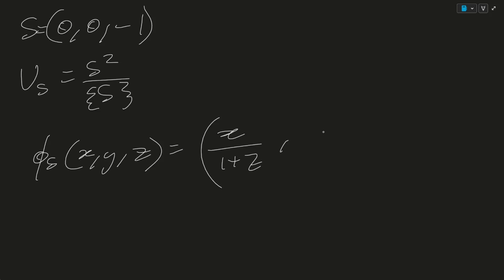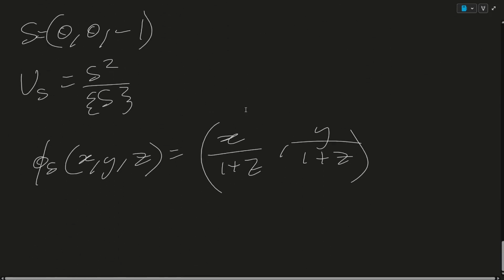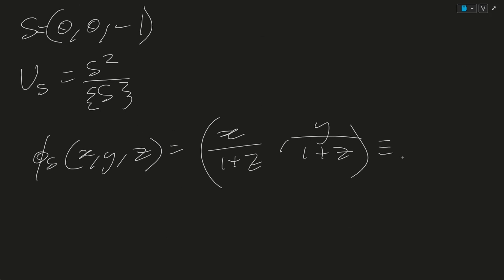Note instead it's x over 1 plus z, y over 1 plus z, as opposed to our 1 minus z from before. And this is going to be (u tilde, v tilde), which are members of R squared. And of course we have the same thing as before.